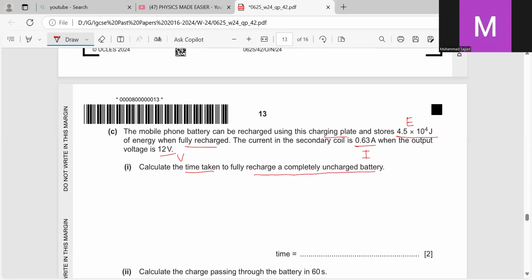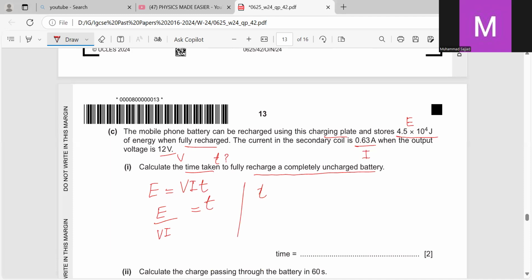The question looks twisted, the statement is not that easy, but the data is leading towards the very common equation of electrical energy, E is equal to VIT. Make T the subject of the equation. Time will be equal to energy over voltage times current.